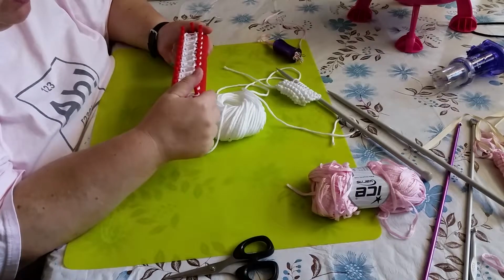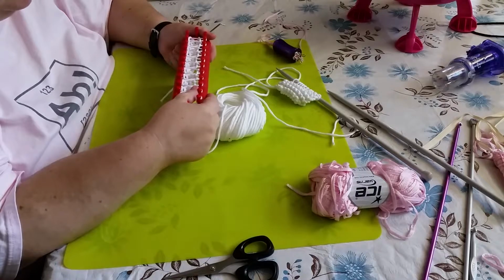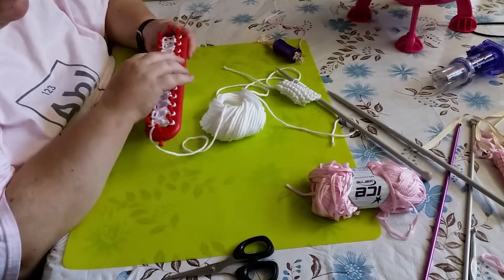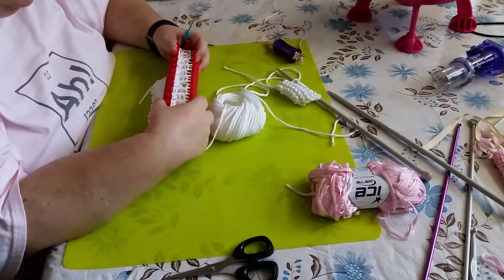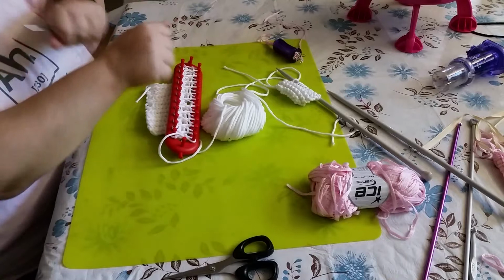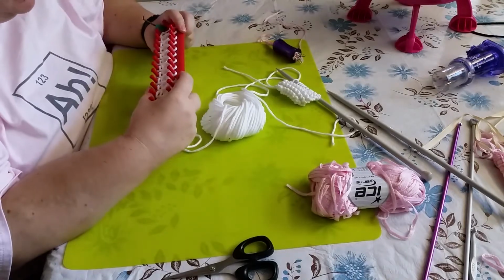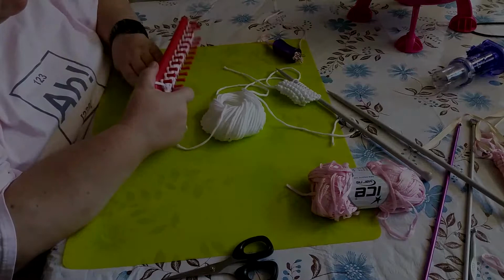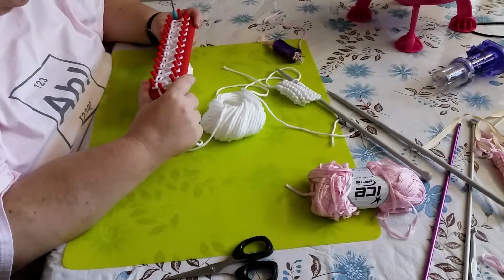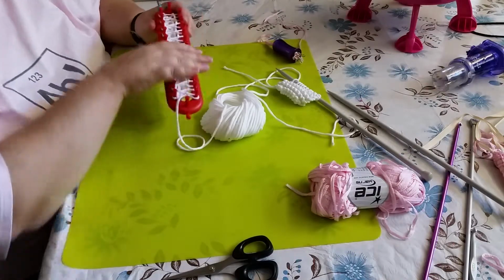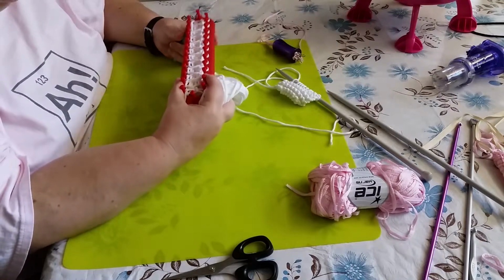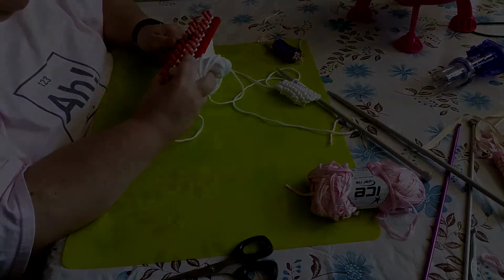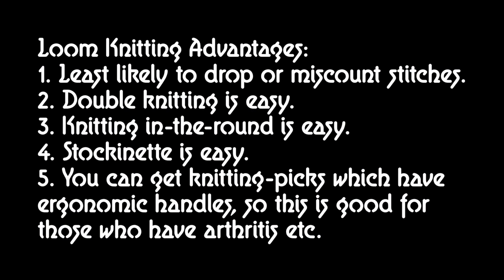Sock looms often, but also looms that have got little wedges in them, and Martha Stewart has got a type of loom that you can sort of mix and match and clip all sorts of things together. So there are more than there used to be, and you're not going to drop stitches or miscount stitches. You know, there they are, all on the pegs. So that's advantages and disadvantages of looms.